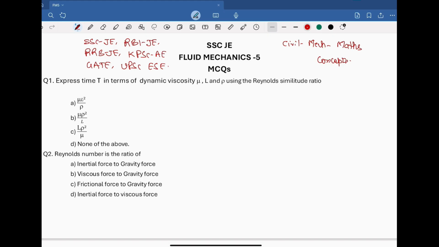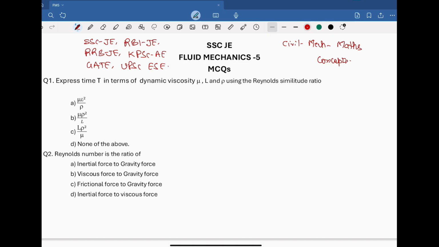The first question, if you see, I have asked you to express time T in terms of dynamic viscosity mu, length L and density rho using the Reynolds similitude ratio. What is Reynolds similitude ratio?